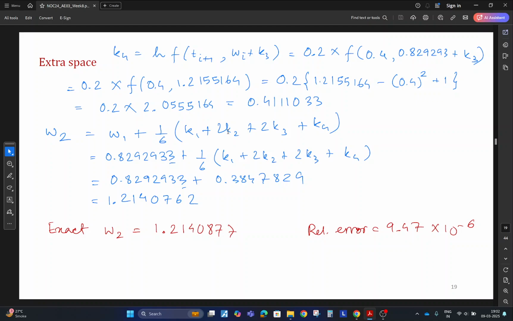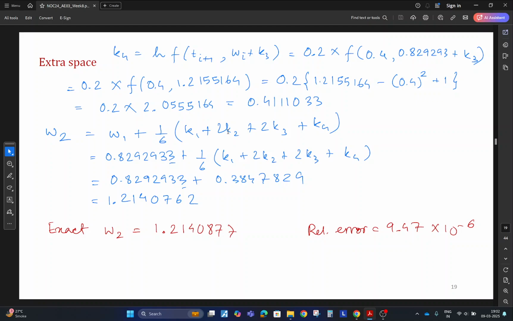Now with all these quantities calculated, that is W1, K1, K2, K3 and K4, based on the RK4 method, we can now calculate the value of the variable W at the end of the second iteration, and that is equal to the value of W at the previous iteration incremented by a weighted average of these quantities K1, K2, K3 and K4.